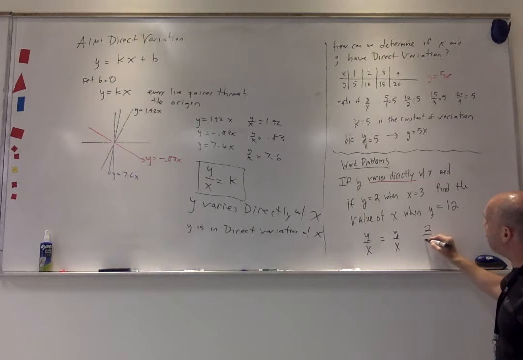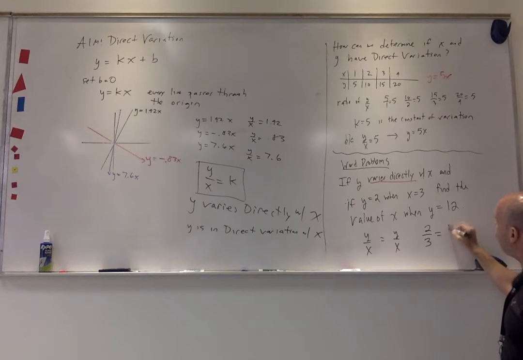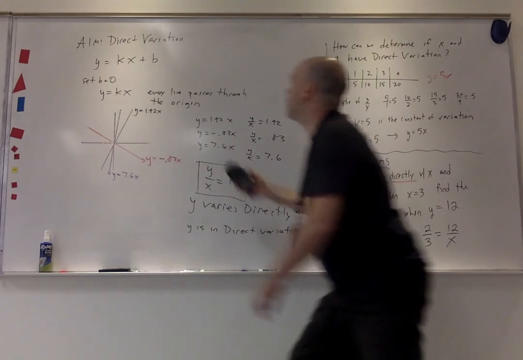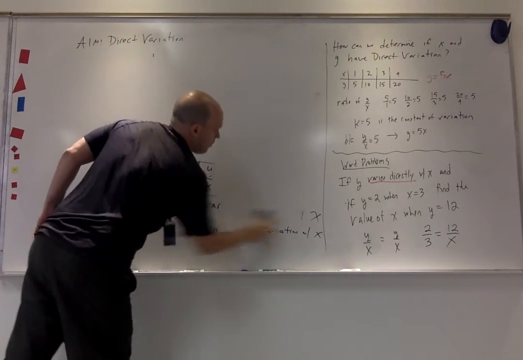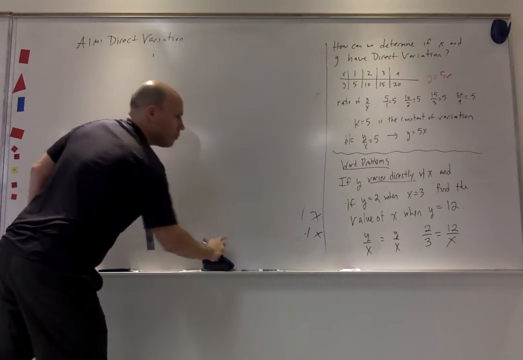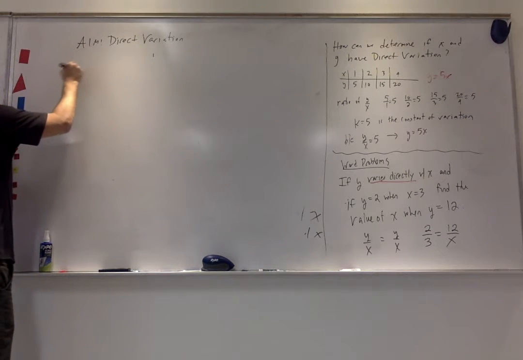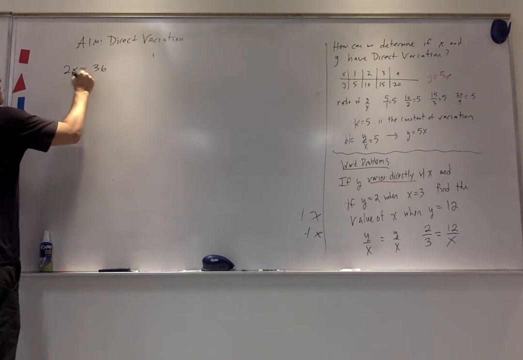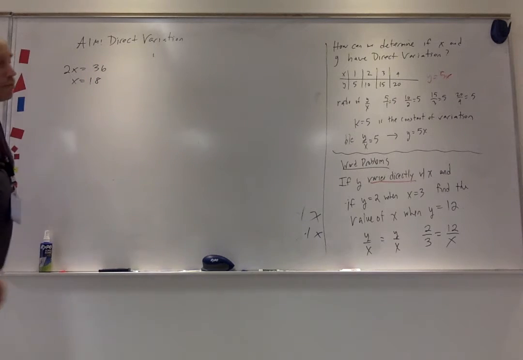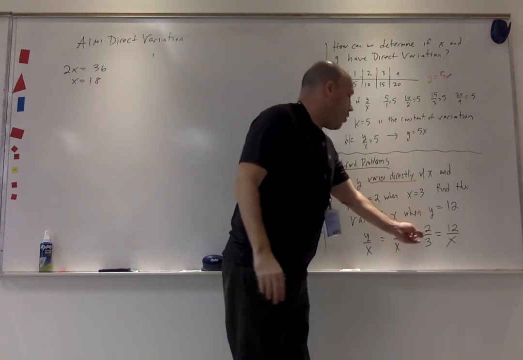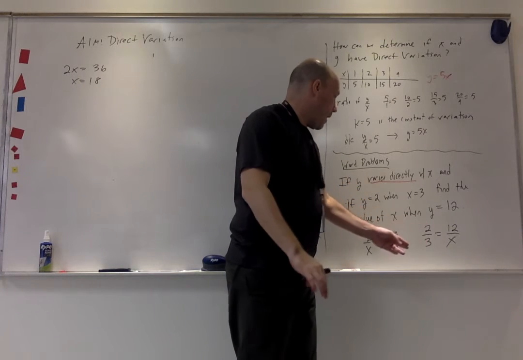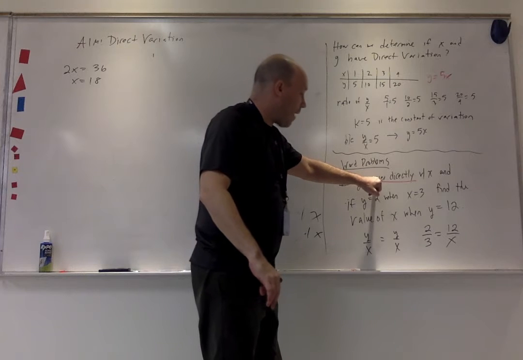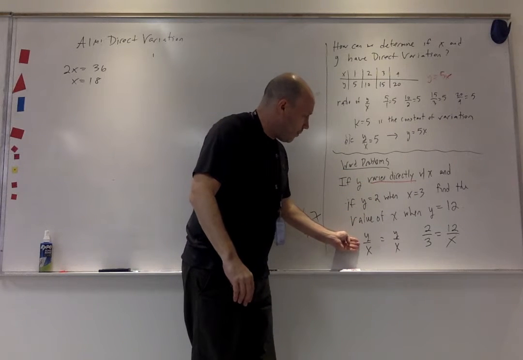If 2 varies directly with 3, then 12 varies directly with x. So we cross multiply, 2x equals 36, x equals 18, right? Once again, you can put this in decimals, you can put this in your GDC, but the idea is the second you see varies directly, you set up a ratio, and you solve.